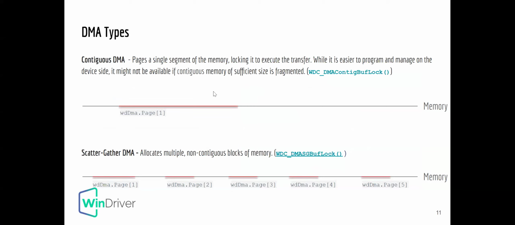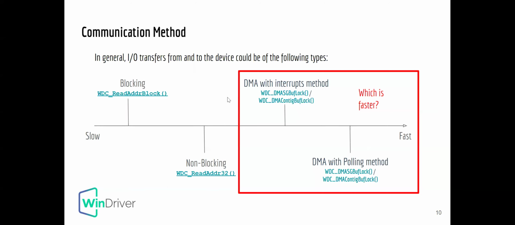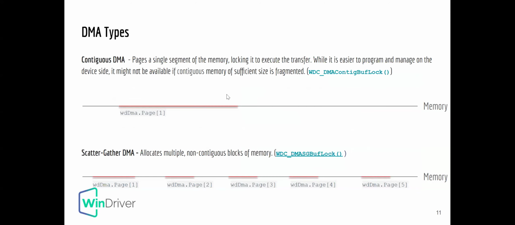Okay, so we talked about how the CPU is involved in the DMA. And there is another question when you plan a DMA: what kind of memory buffer do we want. There are two types of memory buffer.